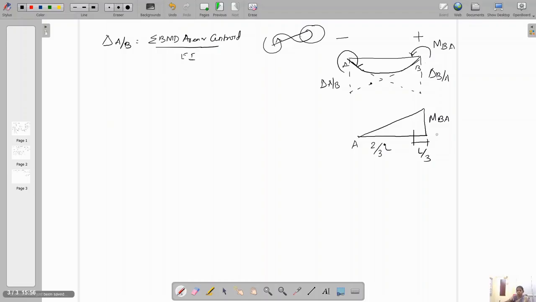So the centroid from B is L by 3, from A it is 2 by 3 of L.